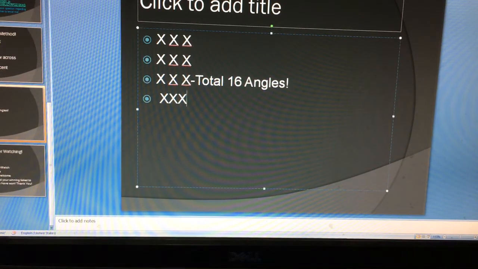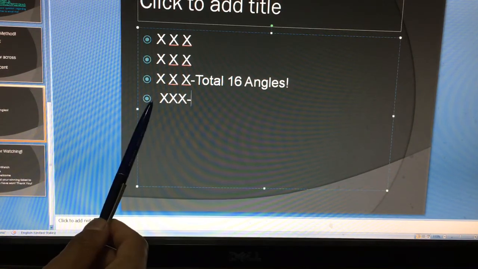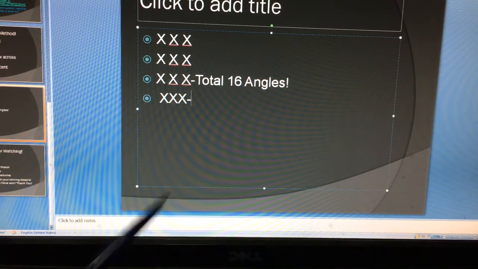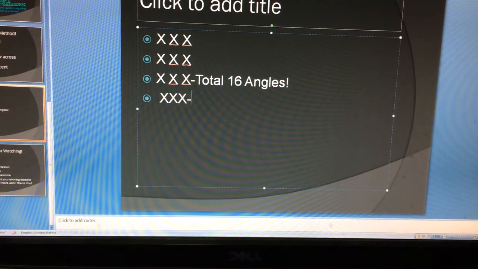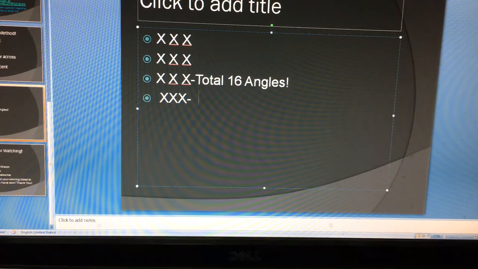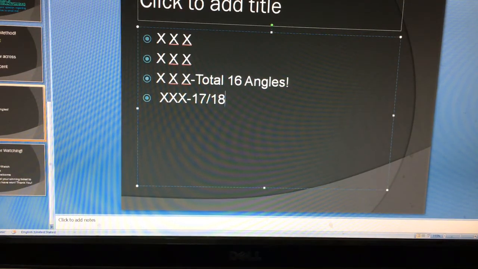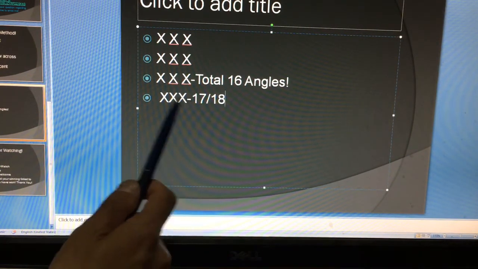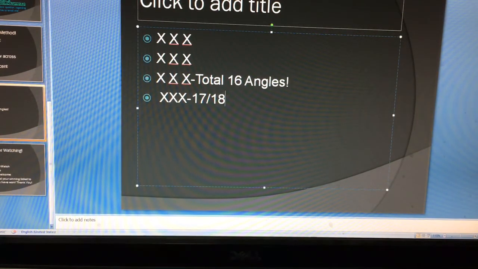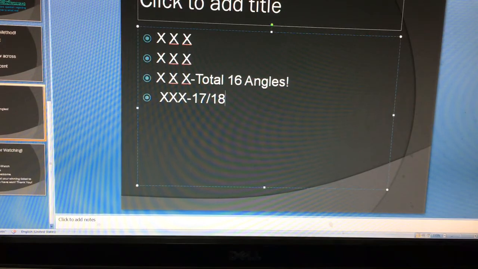And we know that this side is your 17th angle and 18th angle. Would be somewhere around here. Okay. 17th angle and 18th angle. Left to right 17th angle and right to left 17th angle.